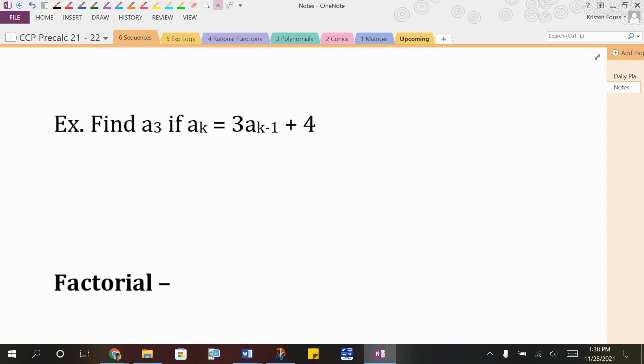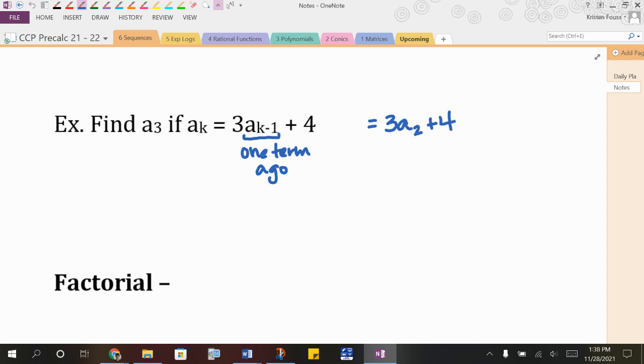So let's try a recursive formula. I would like to find a_3, the third term in my sequence, if a_k equals 3 times a_(k-1), again, this just means what came one term ago, plus 4. So basically, to find a_3, I need 3 times a_2, the term before it, plus 4.